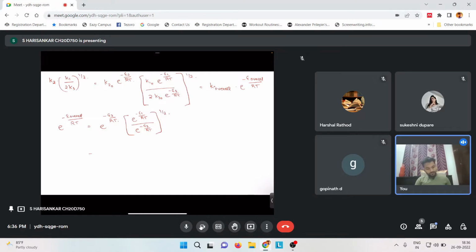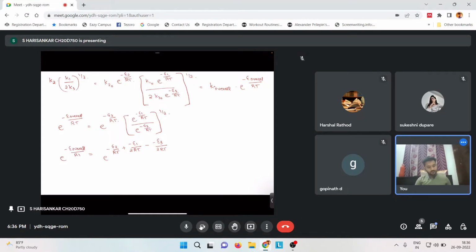So we can write this as e raised to minus E2 by RT plus minus E1 by 2 RT minus E3 by 2 RT. So this will be equal to e raised to minus E overall by RT.